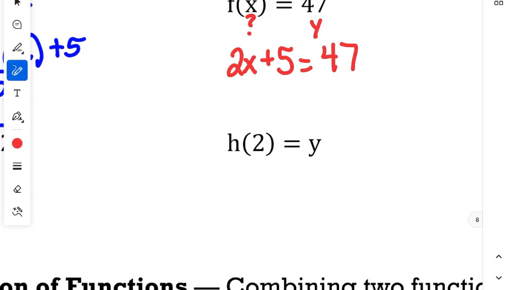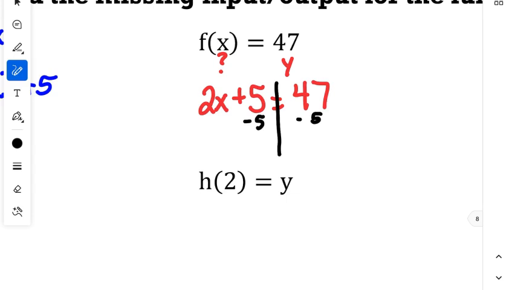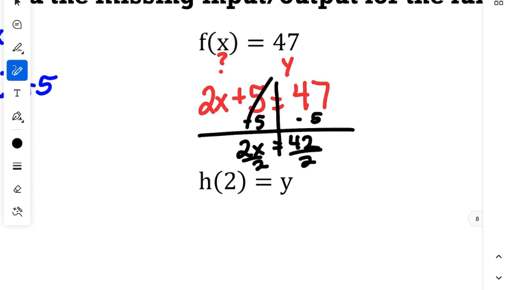So we just have an equation that we need to solve. So we solve this by subtracting 5. So 2x equals 42. And then divide by 2. X equals 21. And we wanted to know what x was, so we found x. So put a box around it.